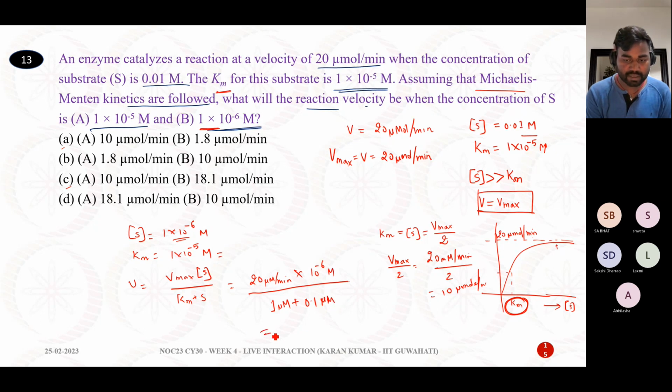Okay, Km plus S. Now 20 micromolar means 20 into 10 raised to minus 6 divided by 1.1. That means 1.8 micromolar per minute. Right. So your option A was correct here. Is it okay?